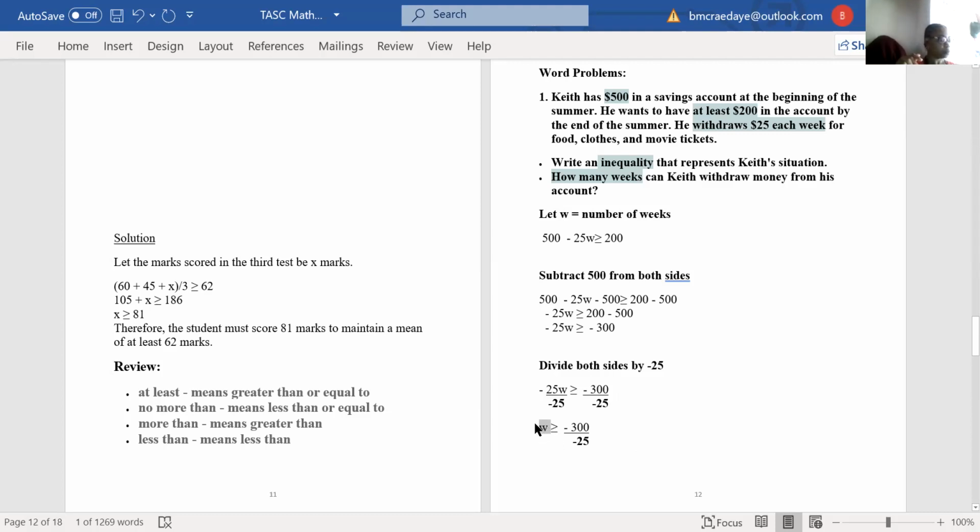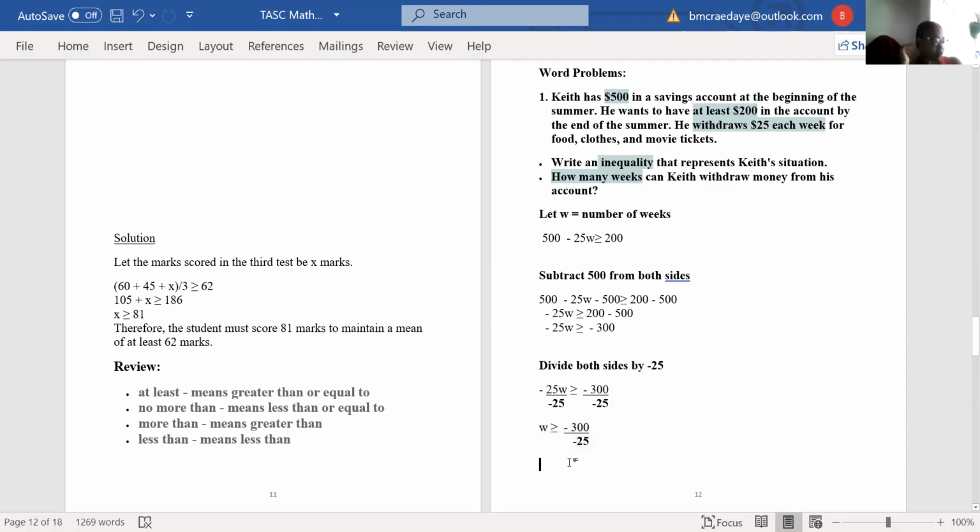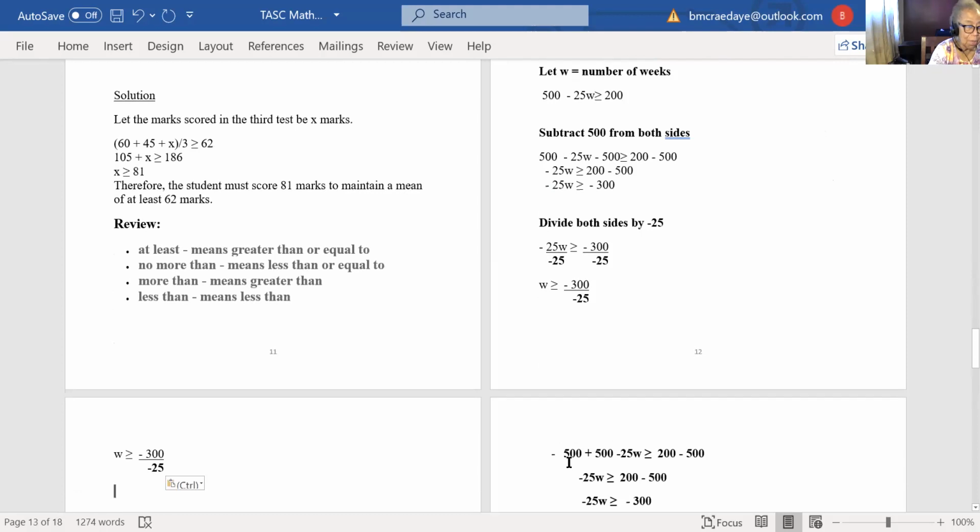No, this is 300 over 25. You'll get a whole number, right? 300 divided by 25. Yeah, you get a whole number. What is it? 12. Yes, 12. That's right. So this would be 12.